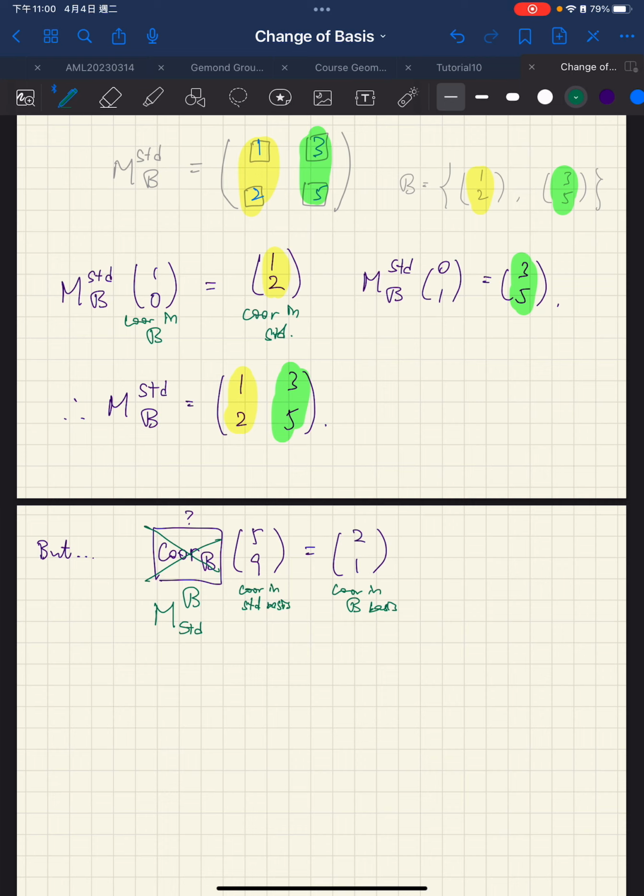Okay. So we know the real name of it is not called the coordinates. It's called the transformation matrix from standard basis to B basis. And by the way, it's the same. I'm not saying coordinates; the name of coordinates is useless. It just means that they are the same. Okay. But I didn't solve the question. Question: how to find it? I didn't tell you, right?